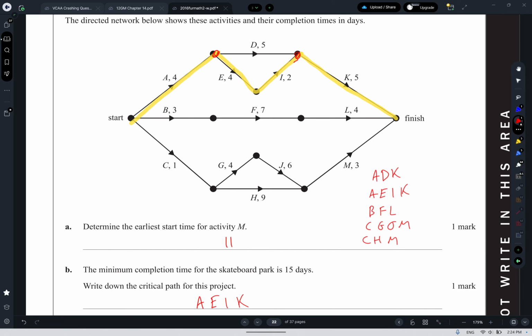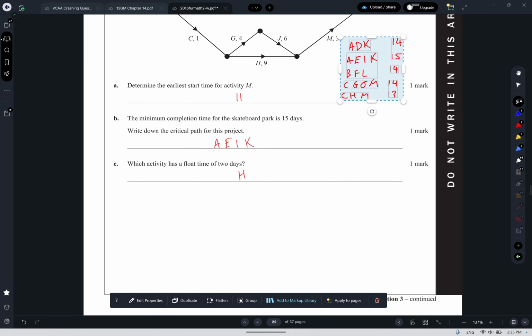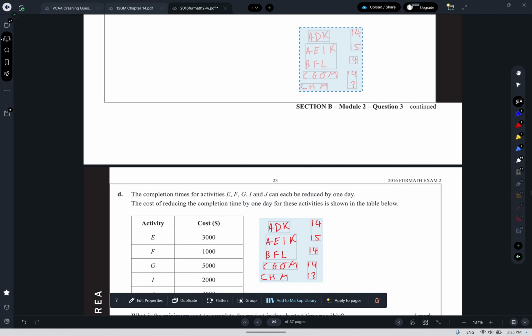ADK was 14, AEIK was 15, BFL was 14, CGJM was also 14, and CHM was 13. Those are all of the routes through the graph, and since there are only 5, this is a fairly good way of approaching a question like this.